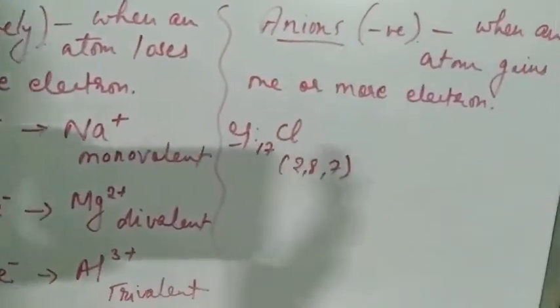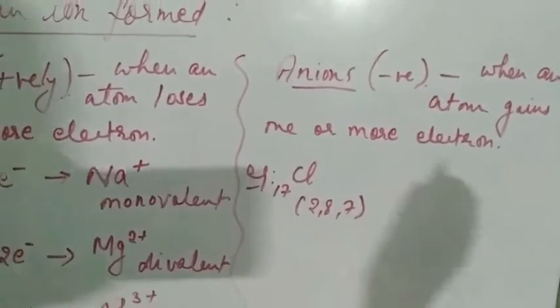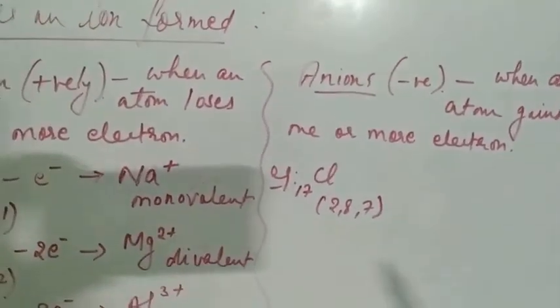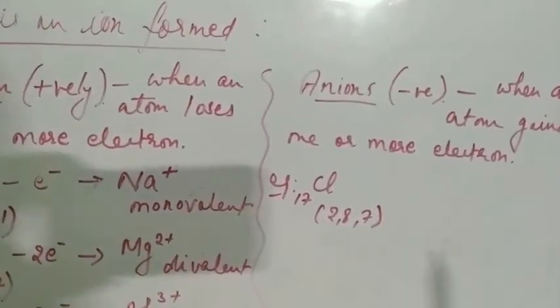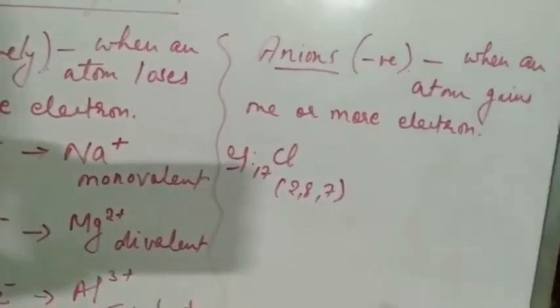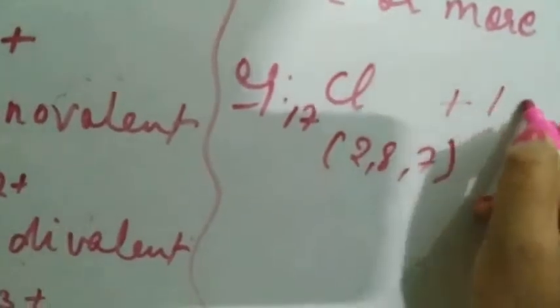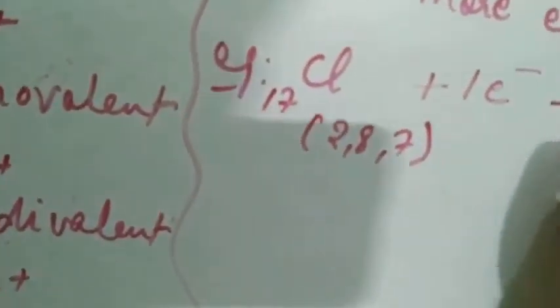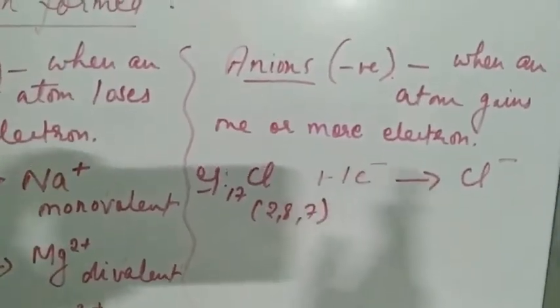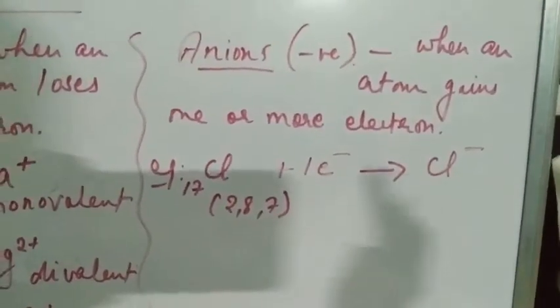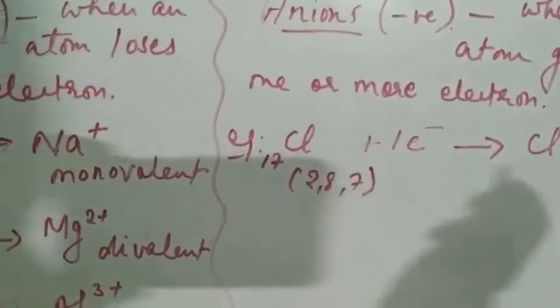Now if we talk about an anion, what is an anion? When an atom gains an electron, it becomes negatively charged. For example, chlorine has 7 electrons. So if it gains 1 electron more, it will acquire the electronic configuration of 2,8,8. That is, it becomes negatively charged.